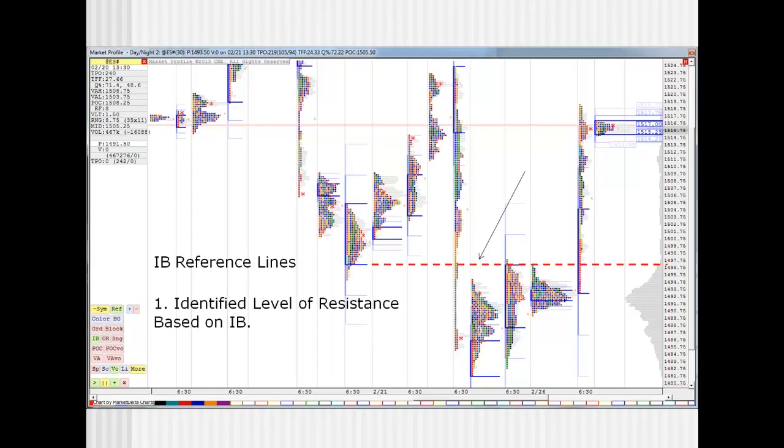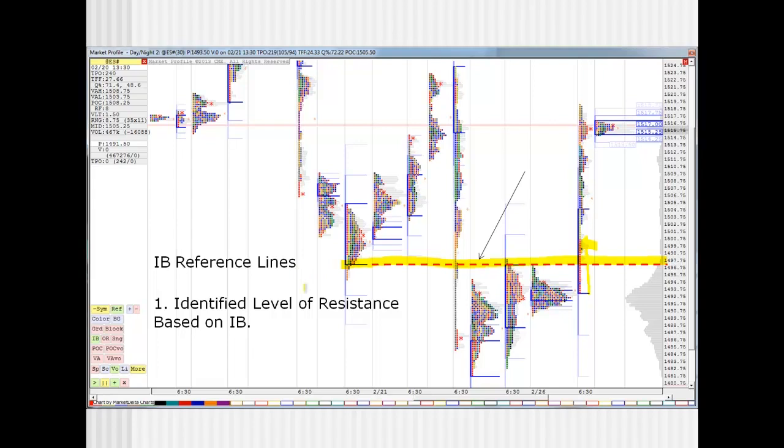All right, now notice here how this initial balance low of this particular day ended up identifying for us a key level of resistance on the chart for 1, 2, 3 different sessions. And it wasn't until we were able to penetrate through this resistance level that we could take prices higher.